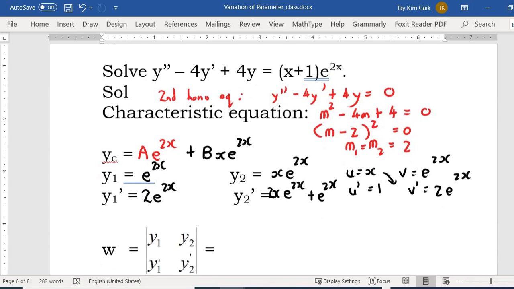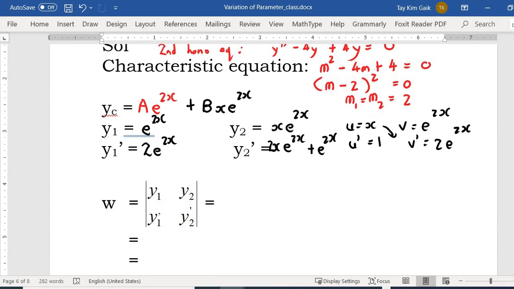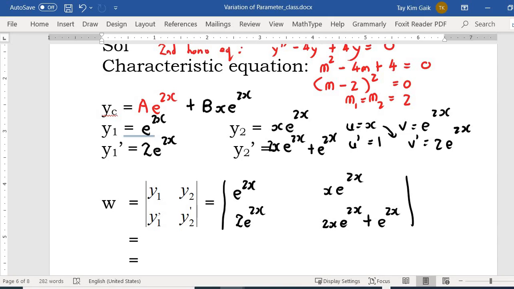So after this, step 1, find the Wronskian, which is the determinant of y1. y1 here you got exponent 2x. Okay, the second row, first column is y1 prime, which is 2 exponent 2x. y2 is x exponent 2x. This is y2 prime, which is 2x exponent 2x plus exponent 2x. So calculate the Wronskian.